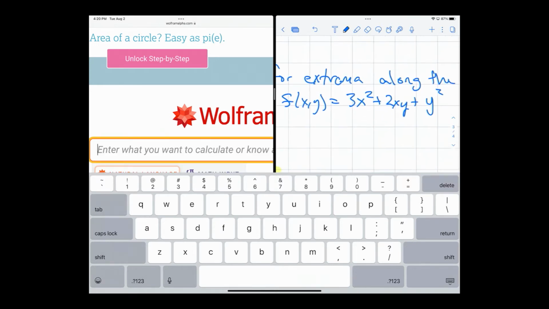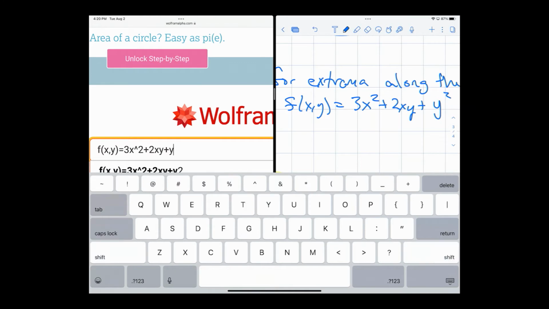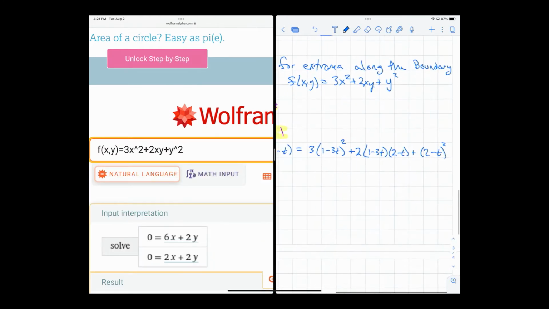So type in your function: f of x, y equals 3x squared plus 2xy plus y squared. I could type this all out and have the computer simplify it, but I'm not even going to do that.